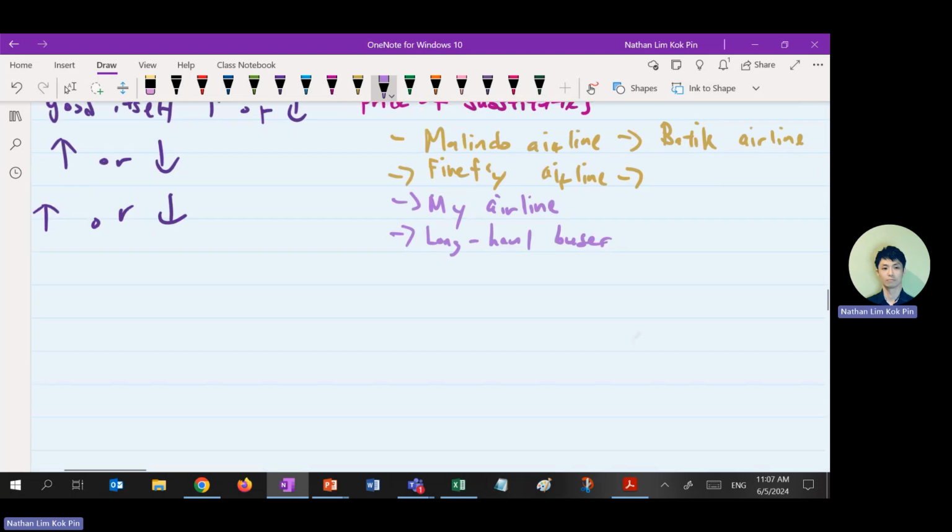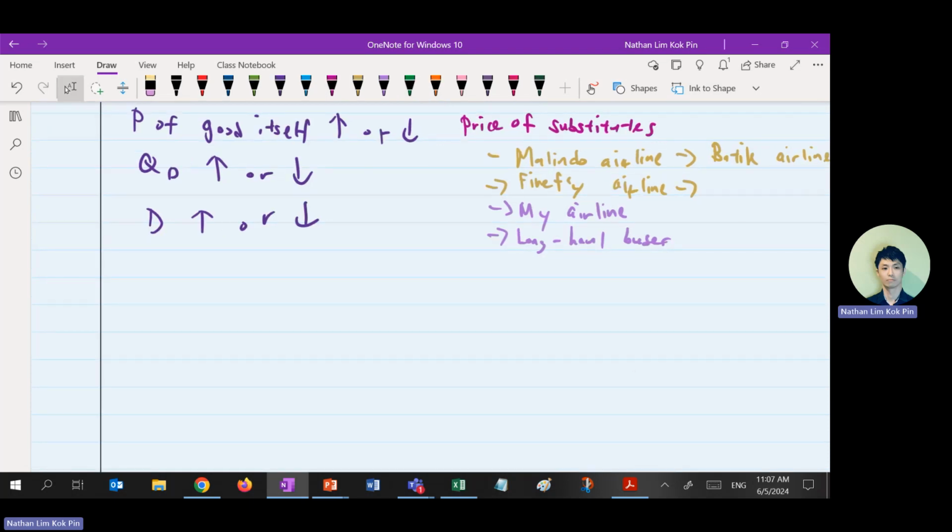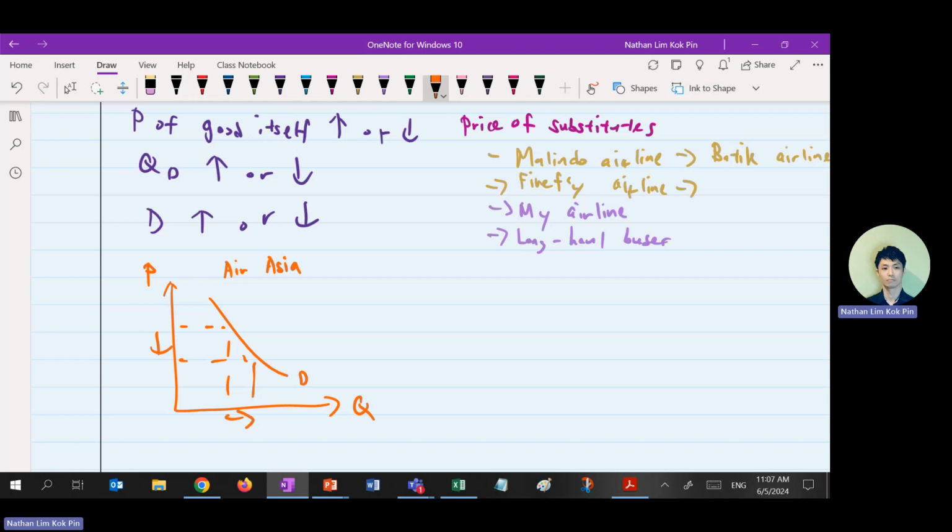All these are substitutes that you can think of or write about. Normally I put AirAsia demand, then they purposely decrease the price, so the quantity demanded increases. What will happen? This is indirect.